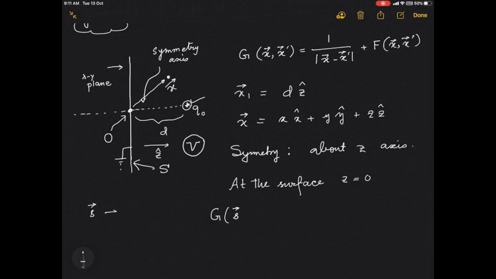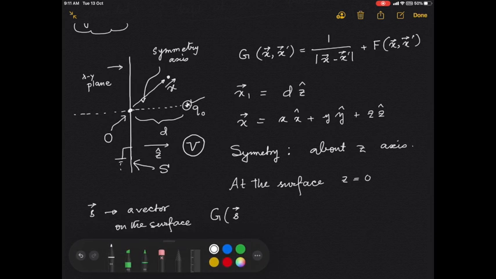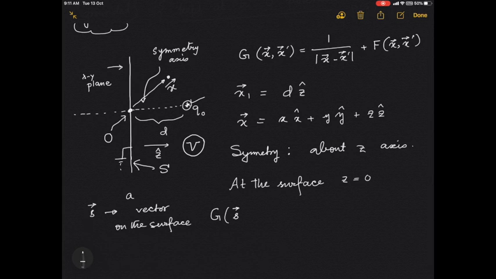So G of x, so this I take a vector at the surface. The radius vector at the surface.